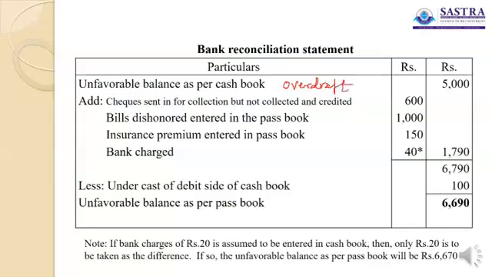So 5,000 rupees and 600, 1,150 and 1,790. In this answer, what I have made, all minuses are taken as plus in reverse, so as to give a correct and direct answer.